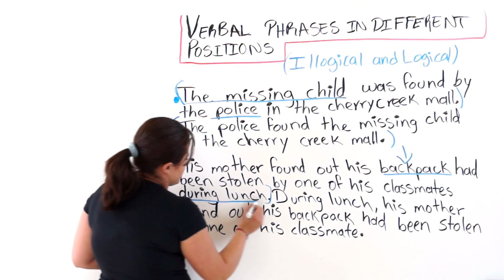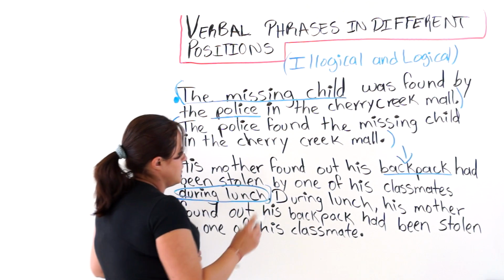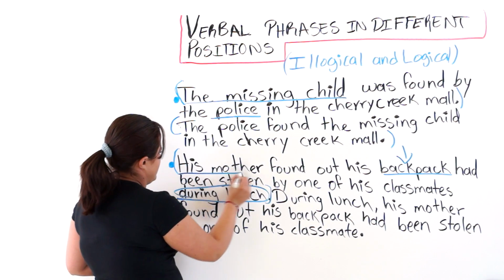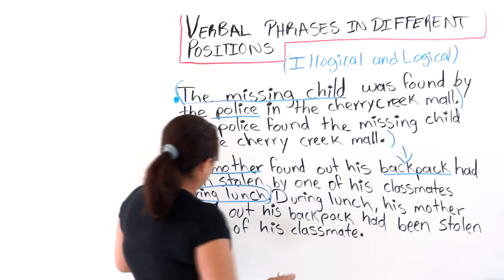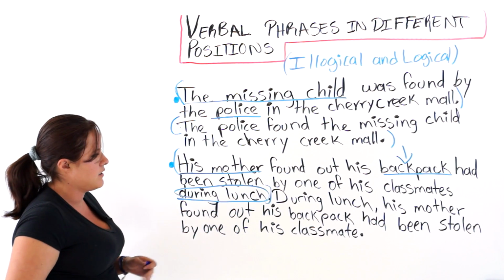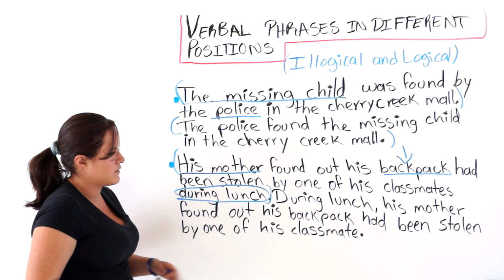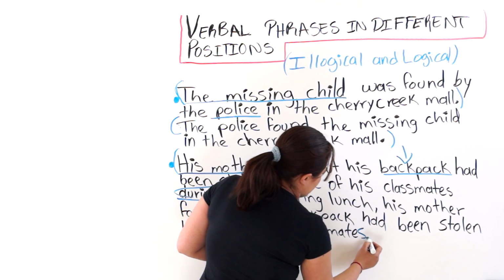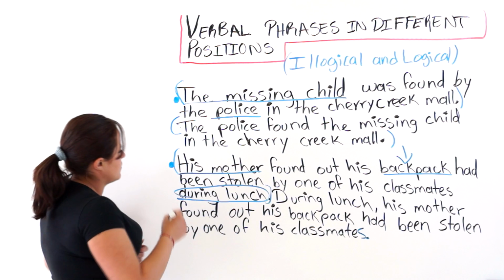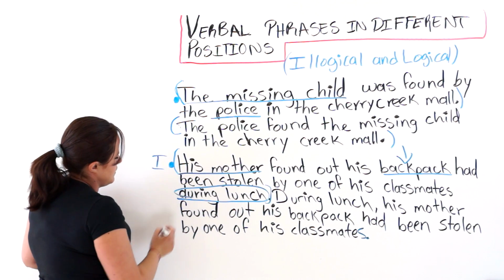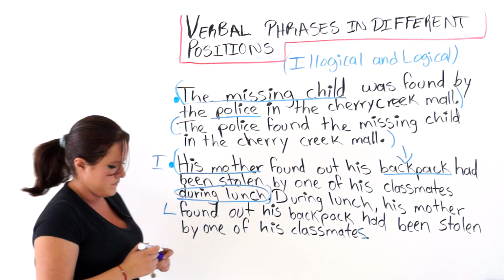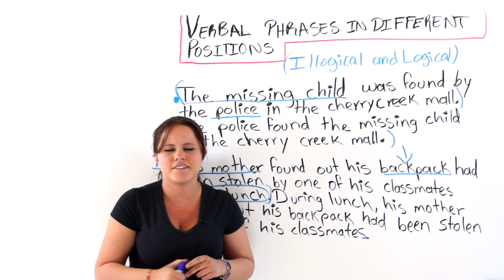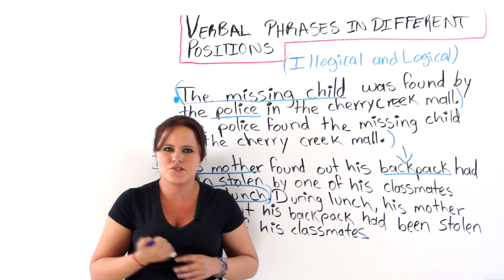So we are going to start by using during lunch. His mother, the subject, had found out his backpack had been stolen by one of his classmates. So the first one is illogical, of course, and the second one is logical. Next I will give you some more example sentences and practice sentences so that you can master this topic with me.